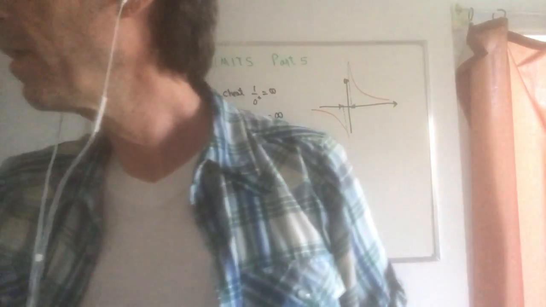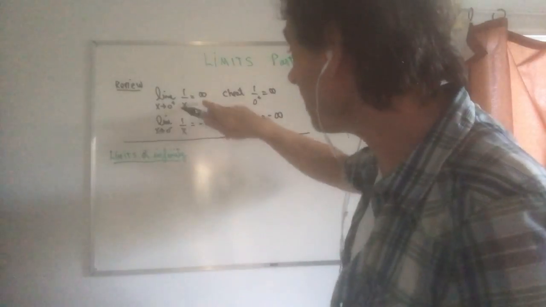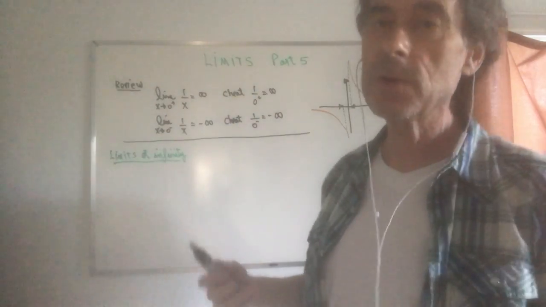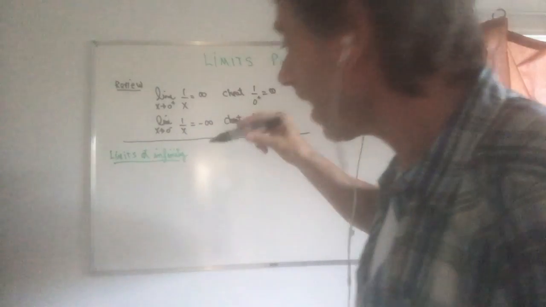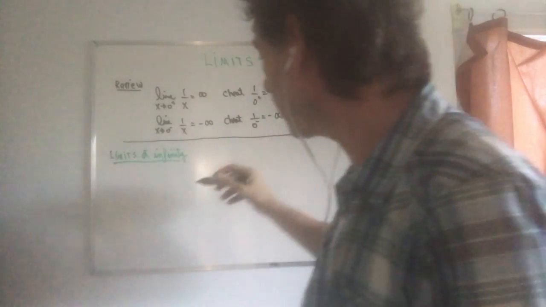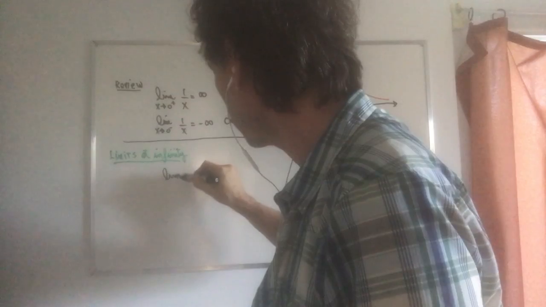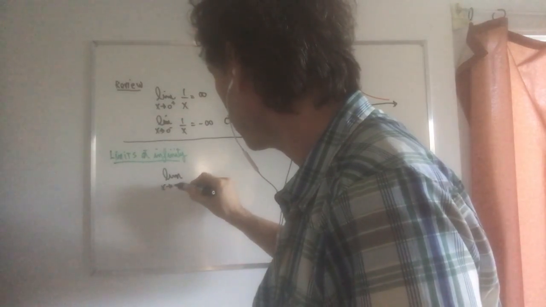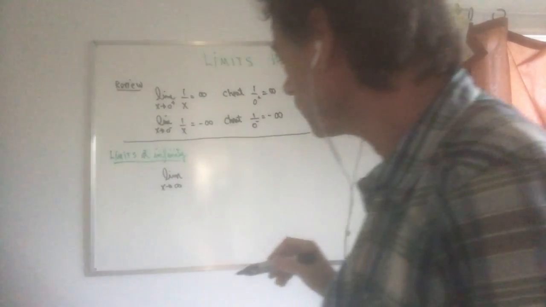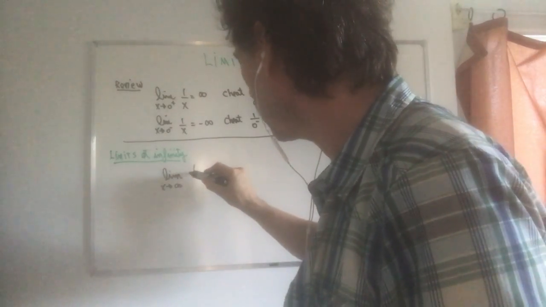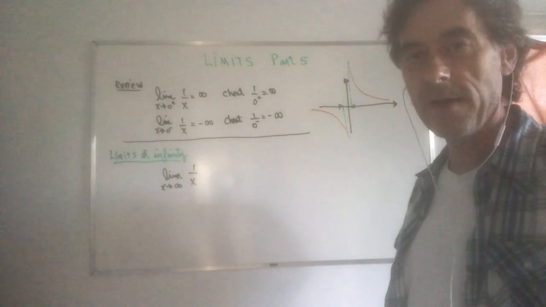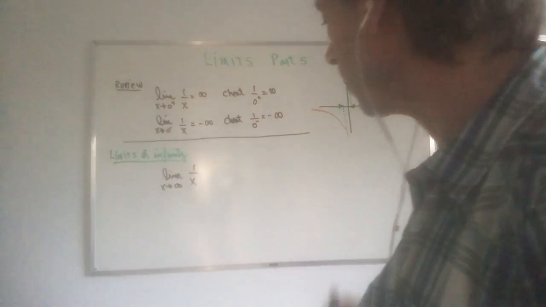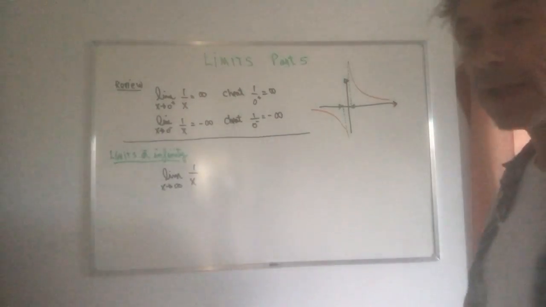Well, when the outcome of a limit is infinity, we have what's called an infinite limit. Now, what I want to do is take the limit as x approaches infinity, and to stay in the spirit of things, since we have the graph of that function, why don't we take that limit of that very function? What is that equal to?